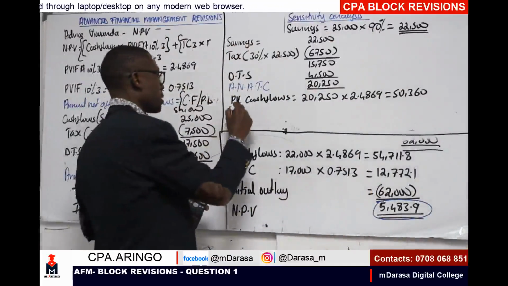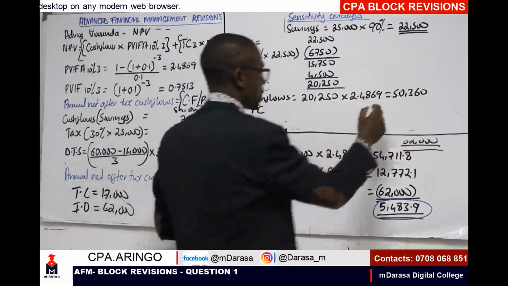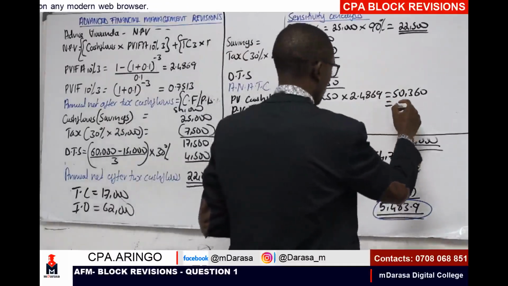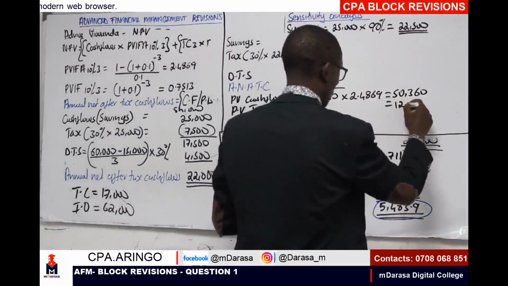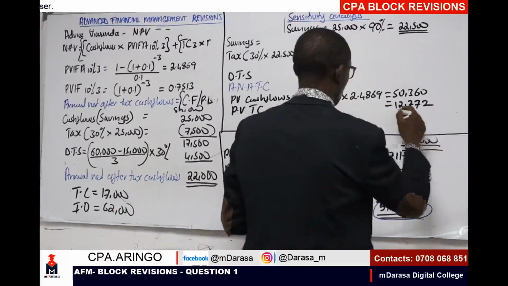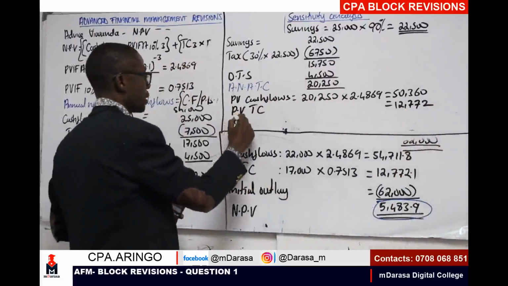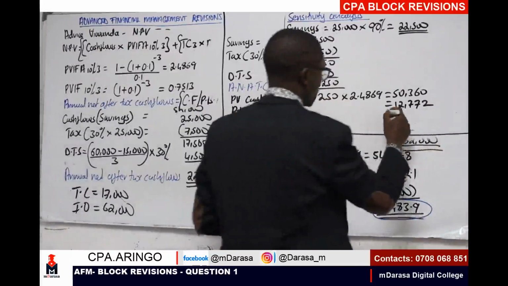My present value of our terminal cash flows will just be the same, 12,772. Initial outlay will not change, 62,000.